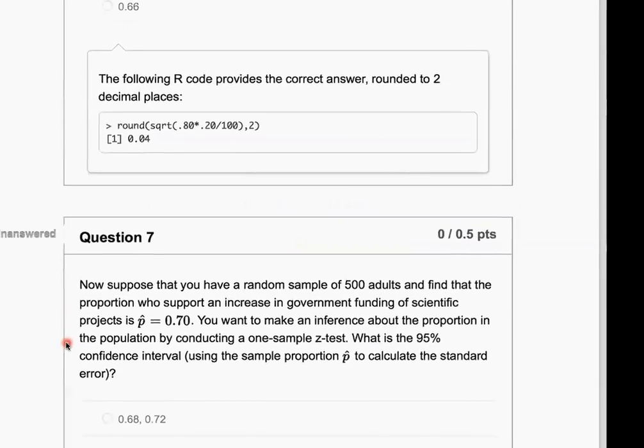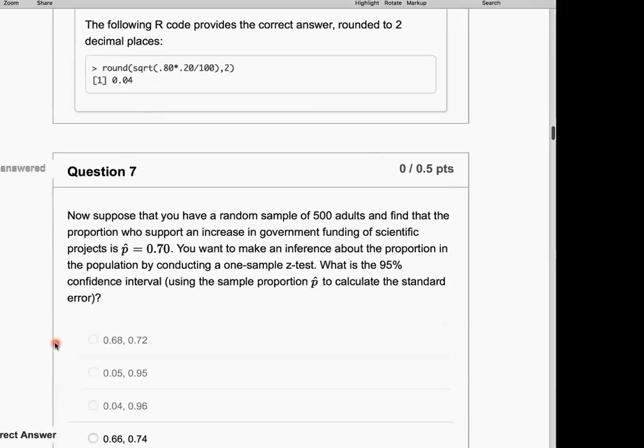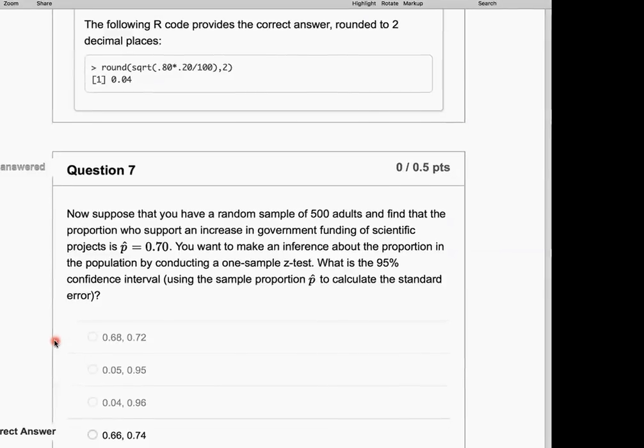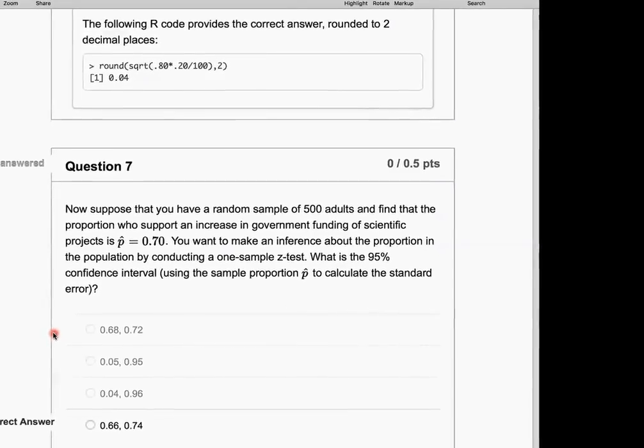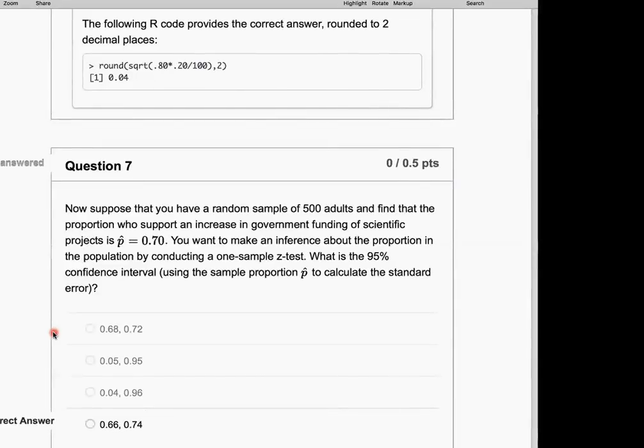On question 7, we essentially change the parameters, or I want to use the word parameter correctly here. Whenever we talk about parameters and statistics, we want to be careful that we're using the right word. In this case, the right word is parameter when we talk about populations.